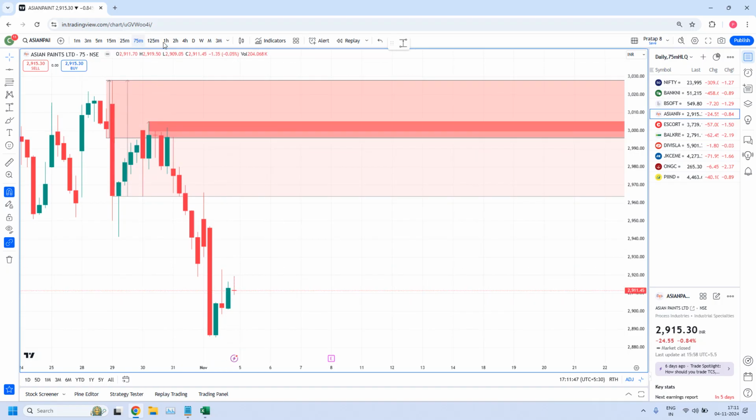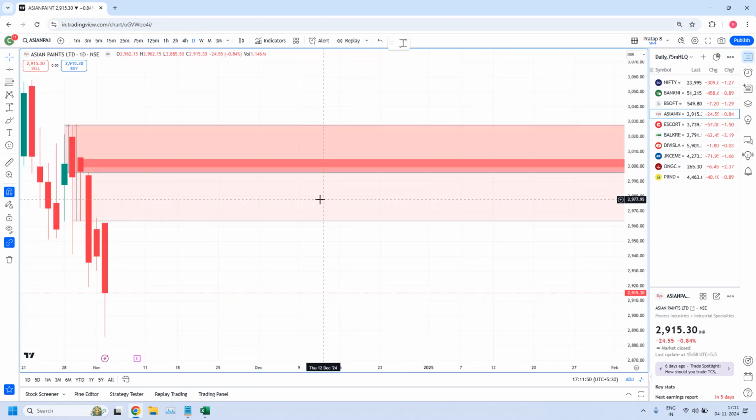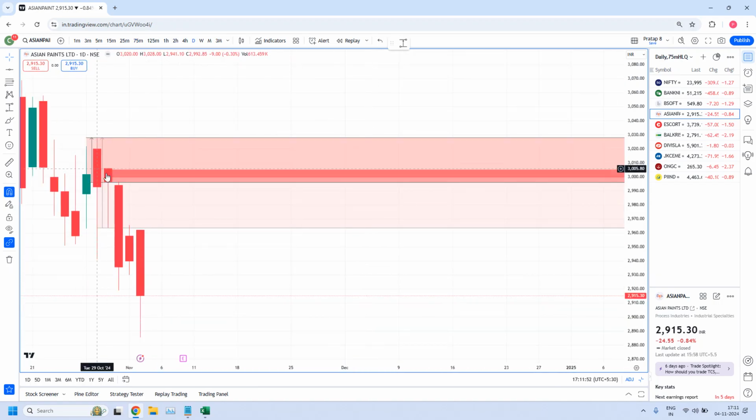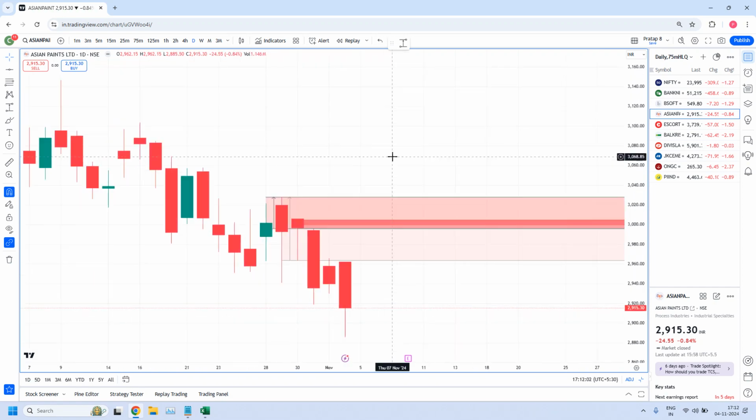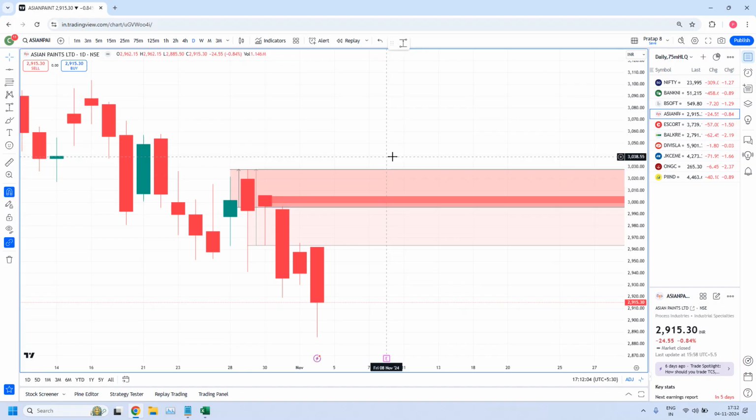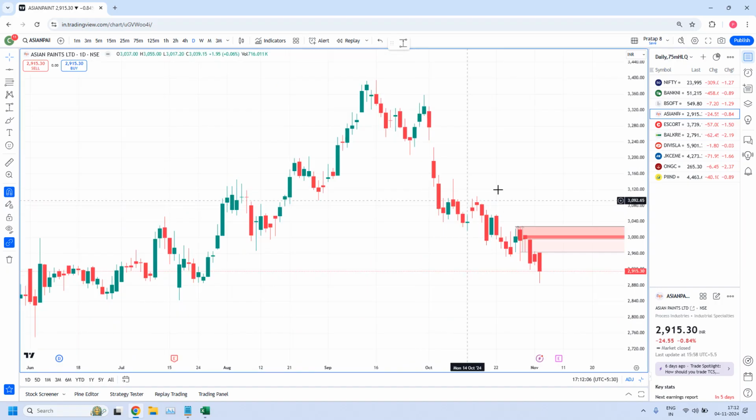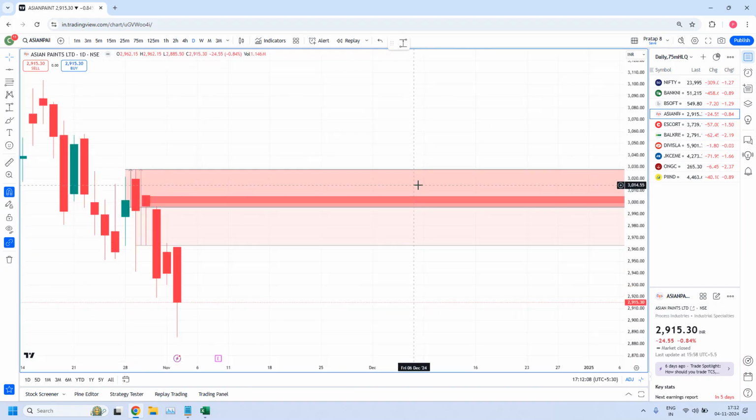Sorry, this is 75. Let me go to the daily time frame. Yeah, this is the ERC candle as a rally.